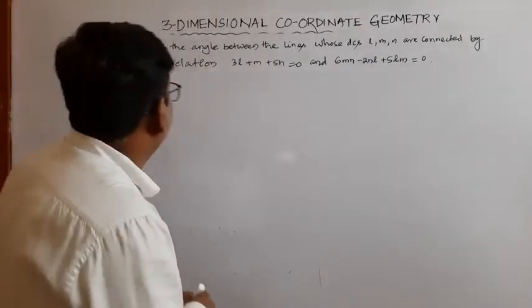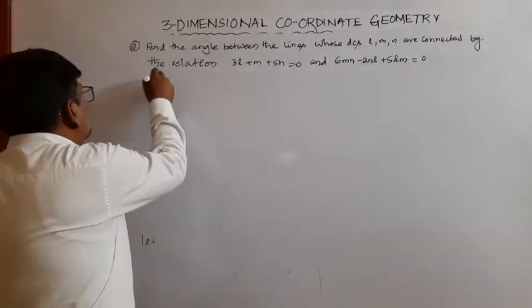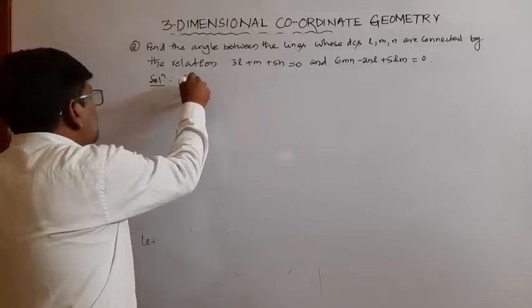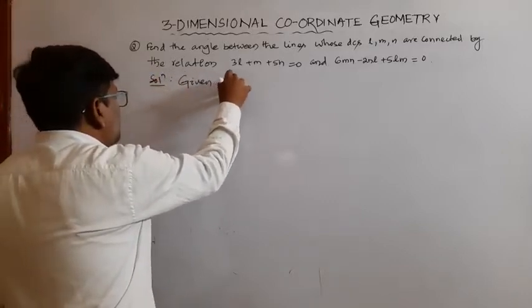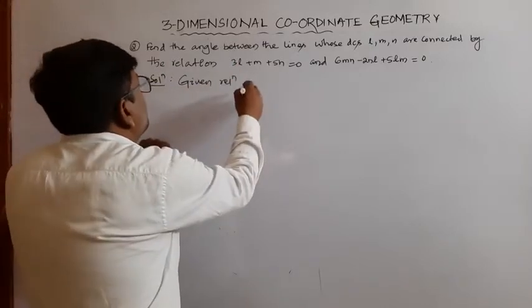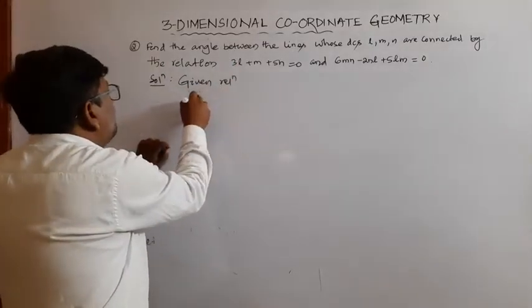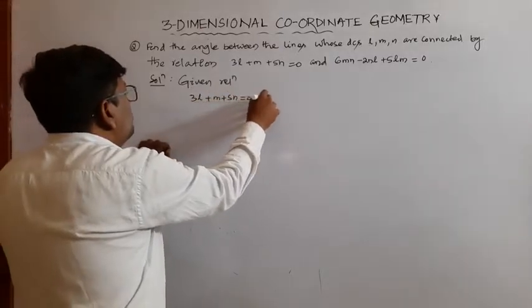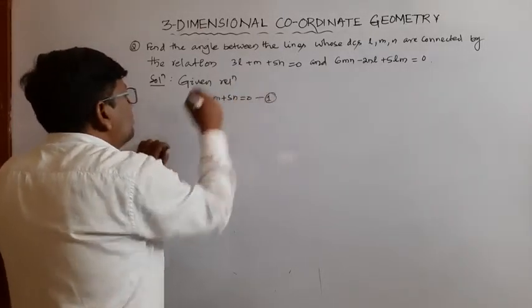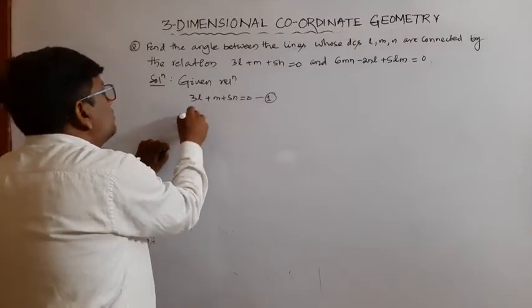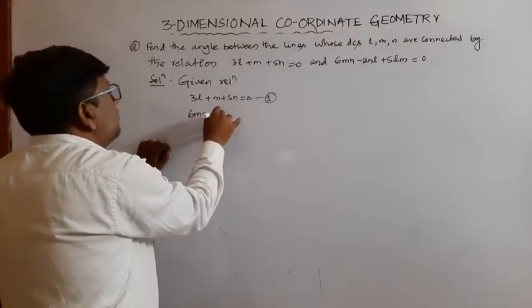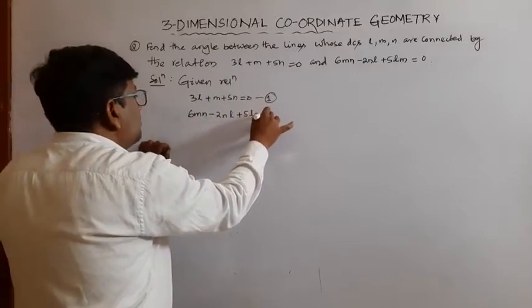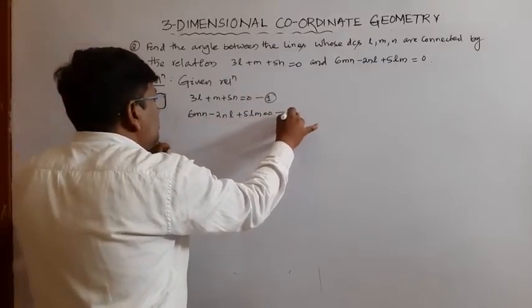Now the given relations are 3L plus M plus 5N is equal to 0, equation 1, and 6MN minus 2NL plus 5LM is equal to 0, equation 2.